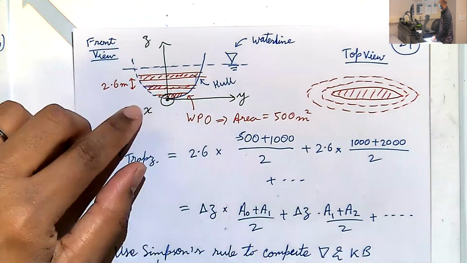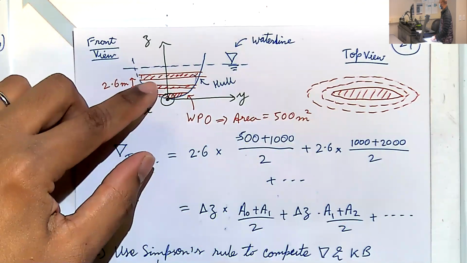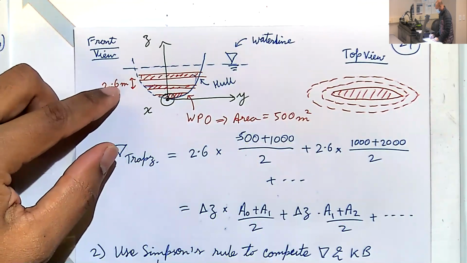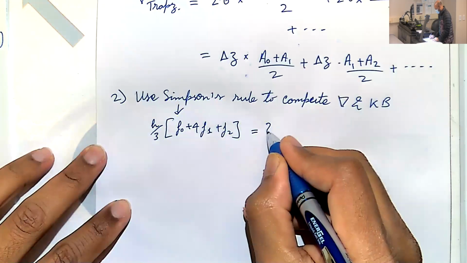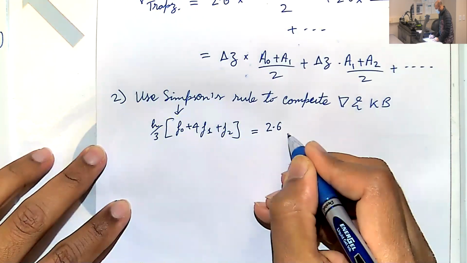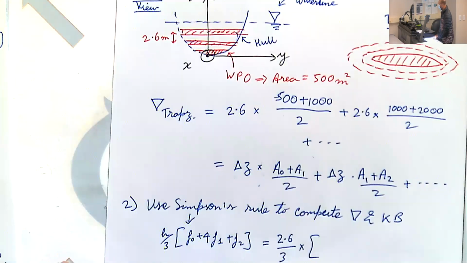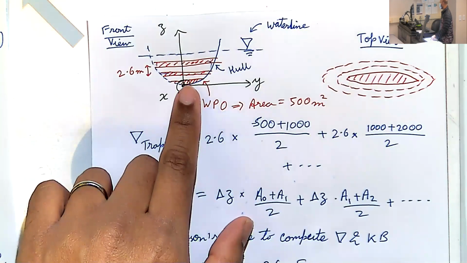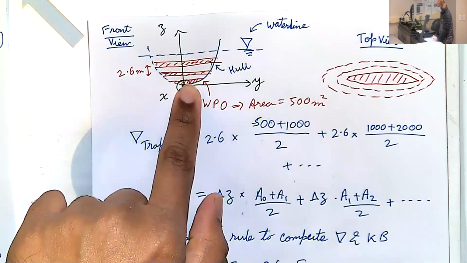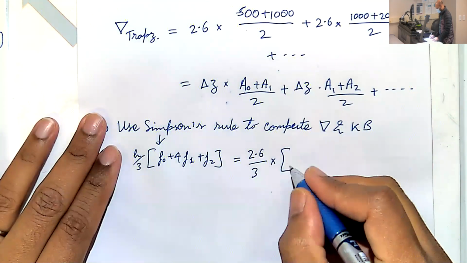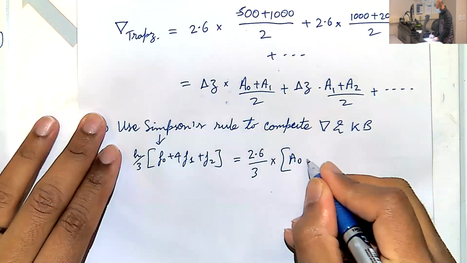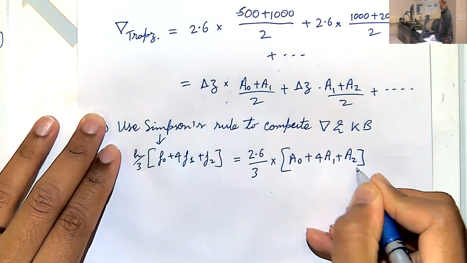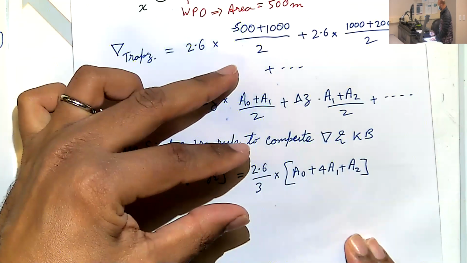And for both the subintervals have distance 2.6. So we have 2.6 over 3 times F0, okay? Now we're talking about the area. Area is F0. So A0 plus 4A1 plus A2. That's the bottom 3 slices, okay?